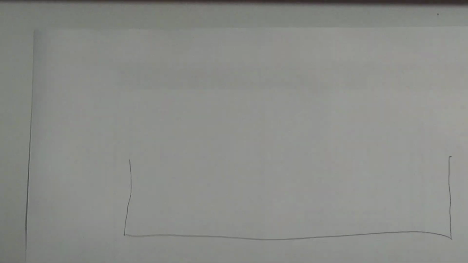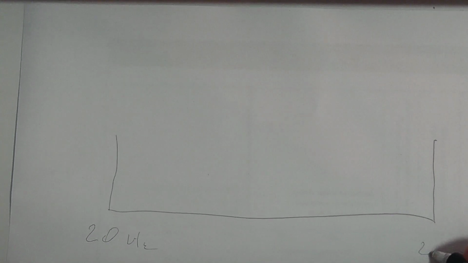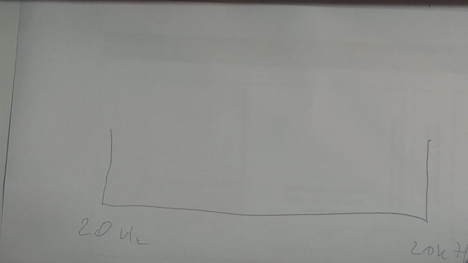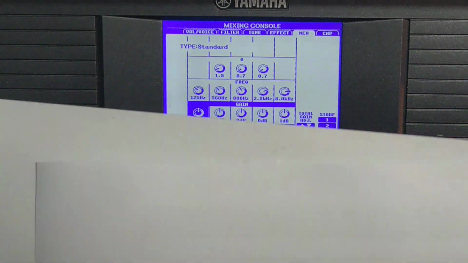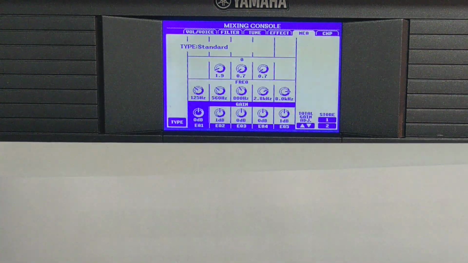To present this on a graphic chart, you always have 20 Hertz here and 20 kilo here, and if you do a flat gain, which is 0 dB, this is how it looks. So nothing has happened on any of the range.